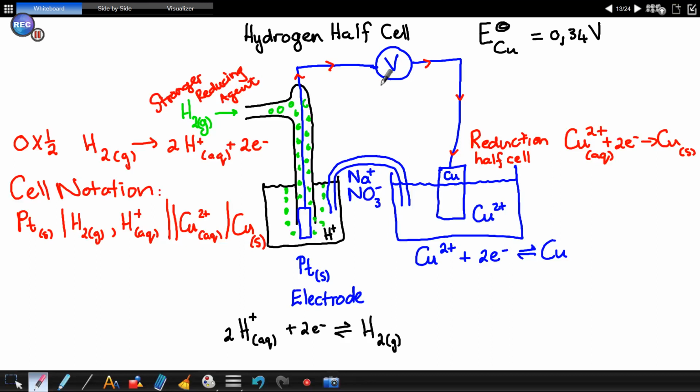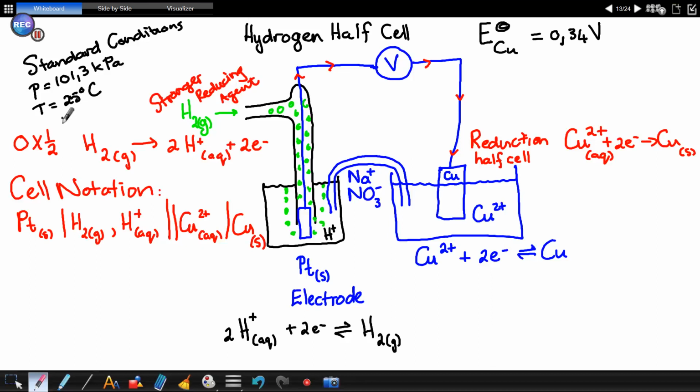What would the reading on this voltmeter be if we are working under standard conditions? Standard conditions, because we have a gas, the pressure must be 101,3 kilopascals. The temperature must be 25 degrees Celsius.